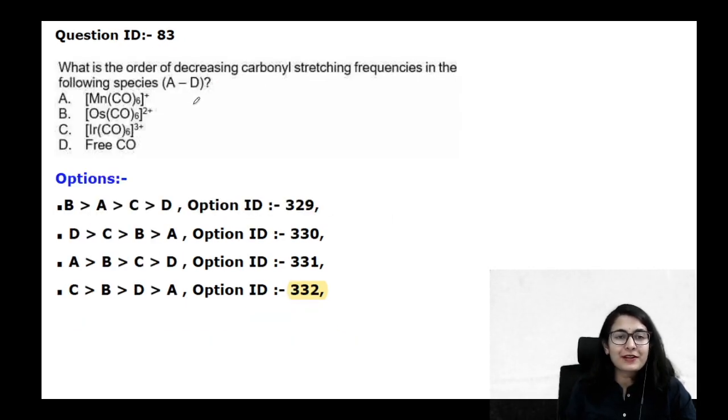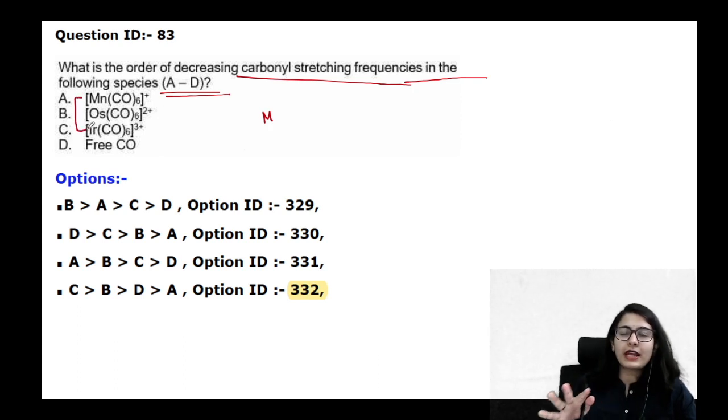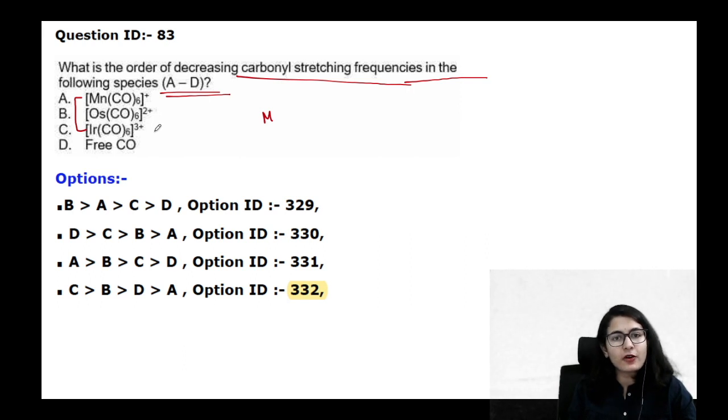Purely based on logic. So what is the order of decreasing carbonyl stretching frequencies in the following species A to D? Now guys, you can purely answer this question based on logic. You know that all of these are going to be somewhat isoelectronic species, and you are just changing the charges on all of these.